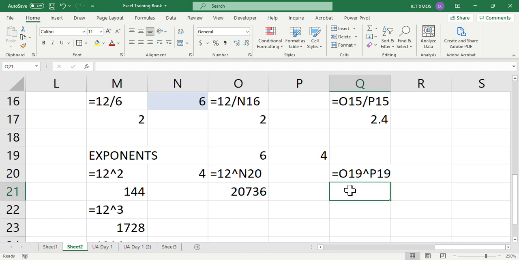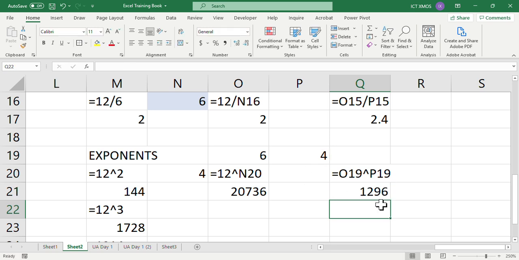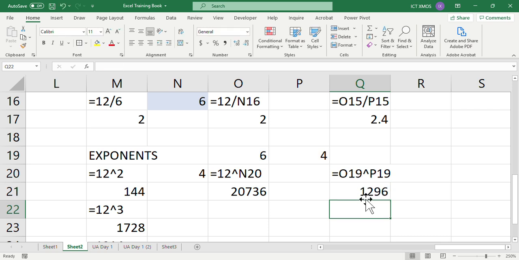I come here and enter O19 raised to power P19. Enter. Look at the value. Can you see the formula? It's O19 raised to power P19. They give you this. So that is how you enter the formula.